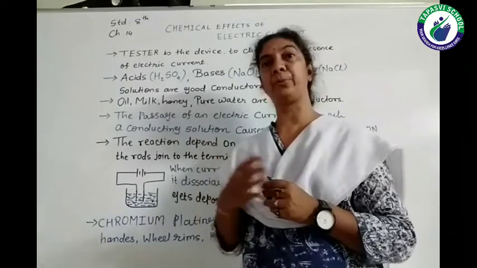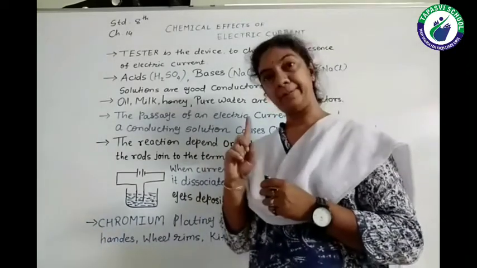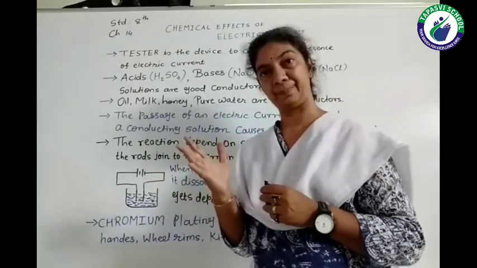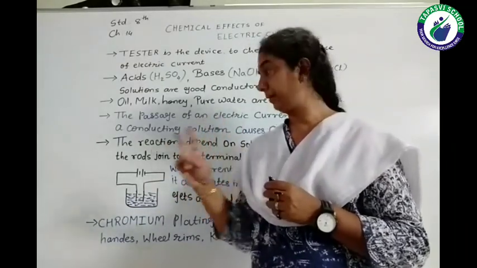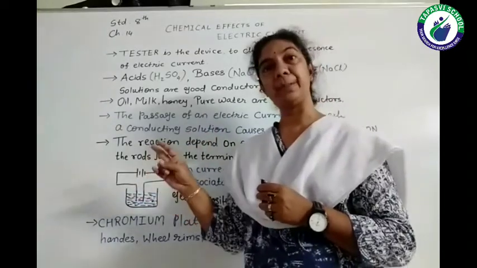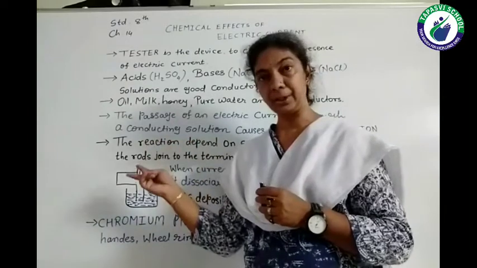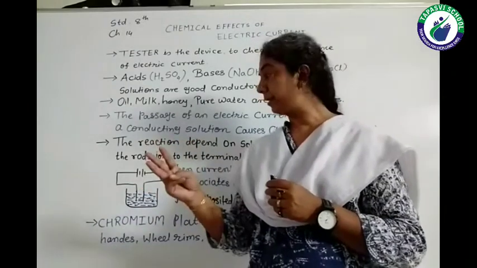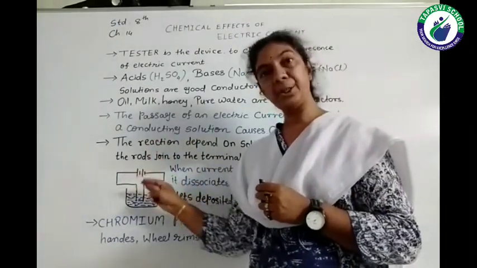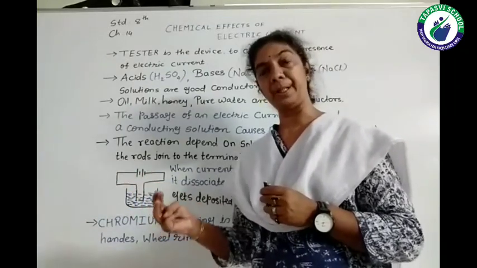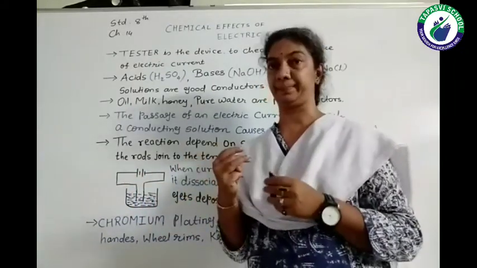You are supposed to answer that the very first thing might be that the bulb has fused. Second, the cells of the battery might be used up. They are not working. Third, the connections which are done over here might not be proper. It is not connected properly.